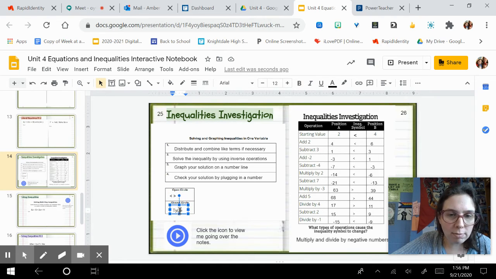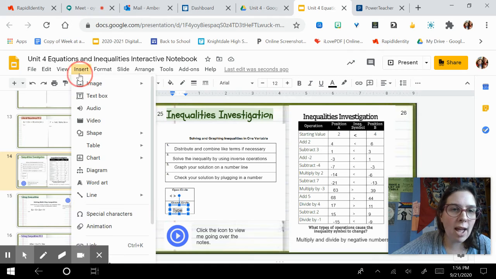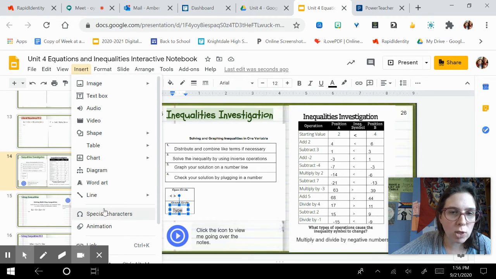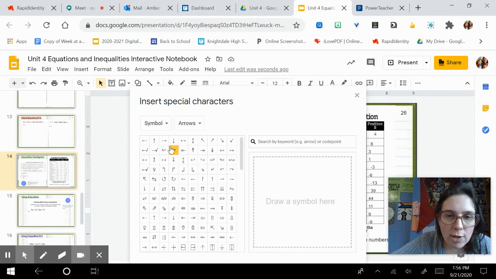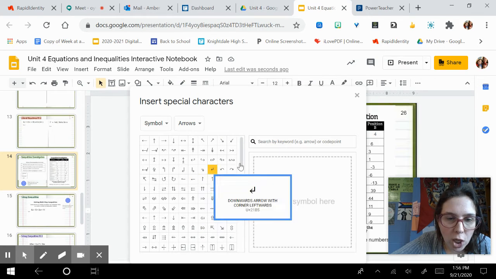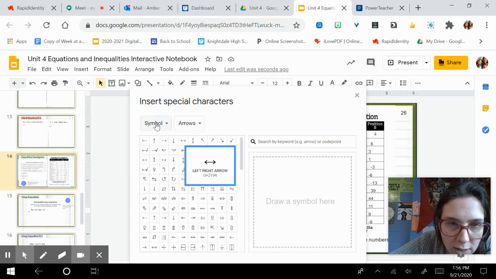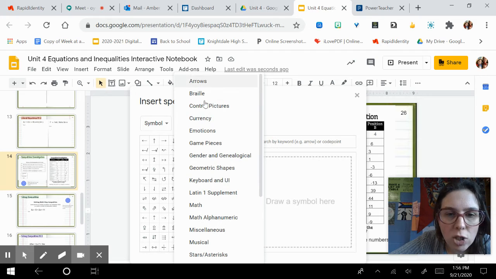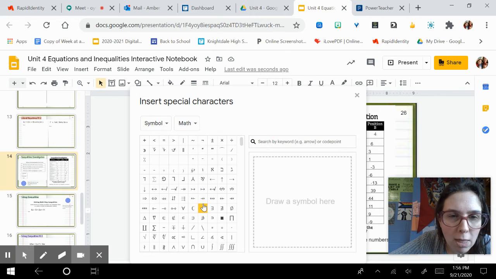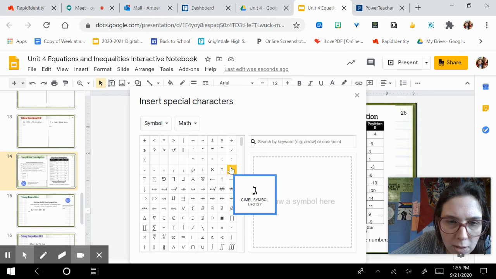And then I think we have symbols, special characters. So it should be up here when you have the closed circle. Let's see, should be math. There we go. Okay, they should be right around here. Supposed to have them. I don't see them.